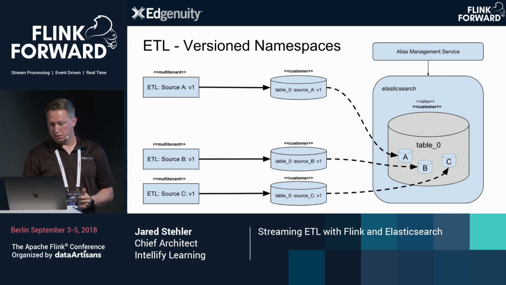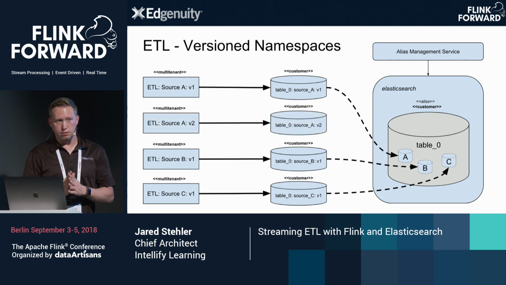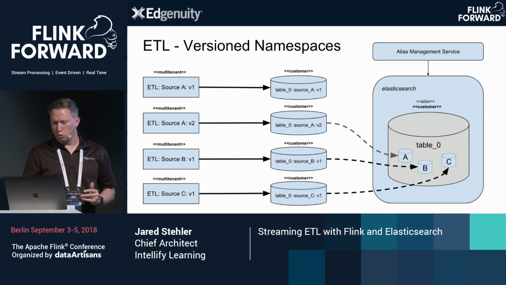That also allows us to iterate on the job, deploy a new version of it, and once it's caught up and we verify that it's correct, swap that out in the alias with the new version. Or if we wanted to remove a source directly, we could just remove it from the alias and not have to worry about doing special deletes in Elasticsearch.